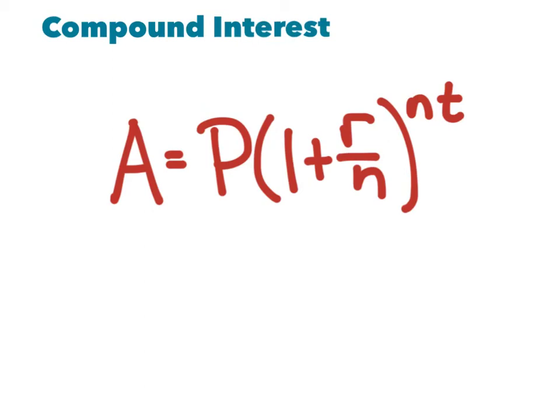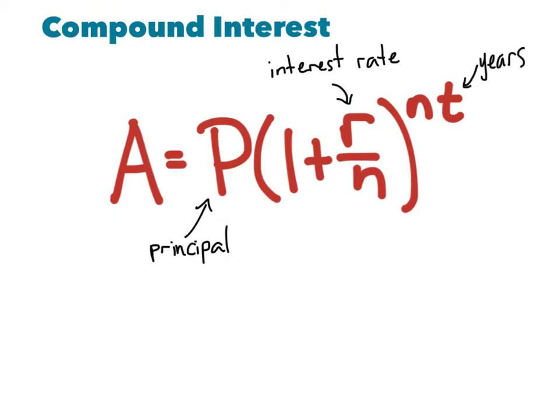All right, so let's define these things. P is the principal. That's just the amount that you invest. R is the interest rate. T is the years.